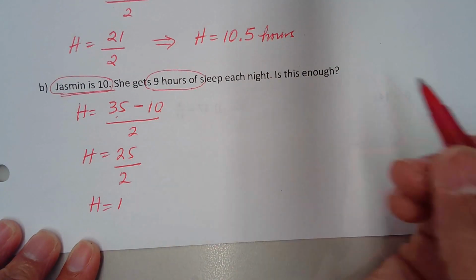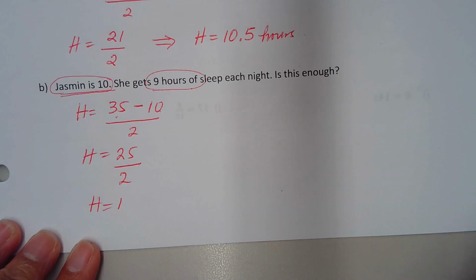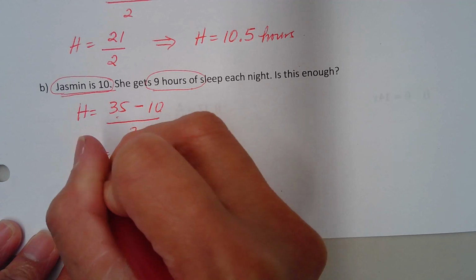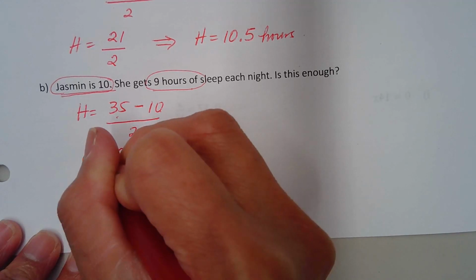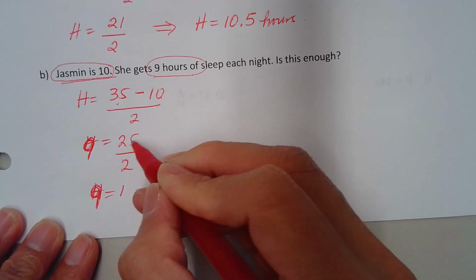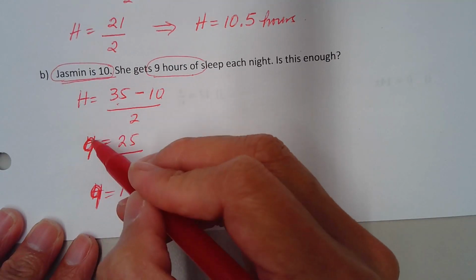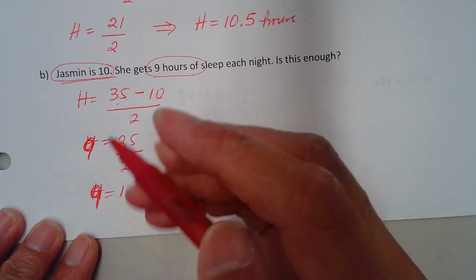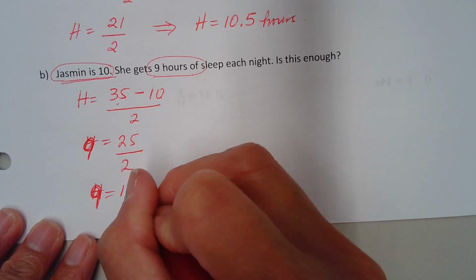So here's what we could do. We could put a 9 here. Well, what's on hours is 9. The age is 10, so we substitute those values in, and then this is 12.5.